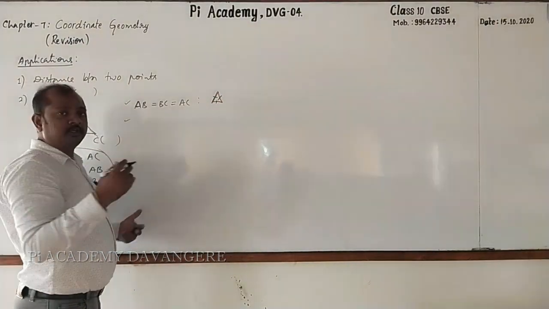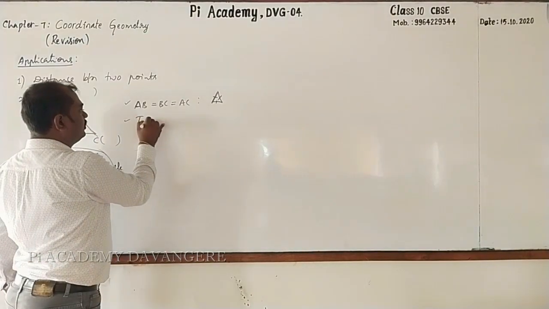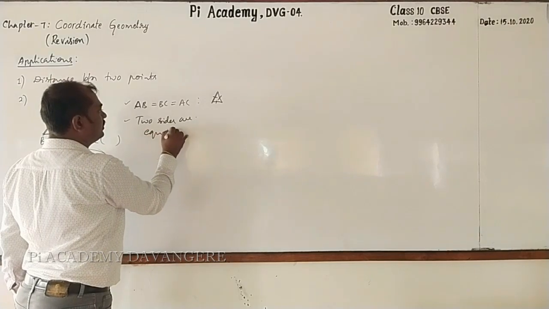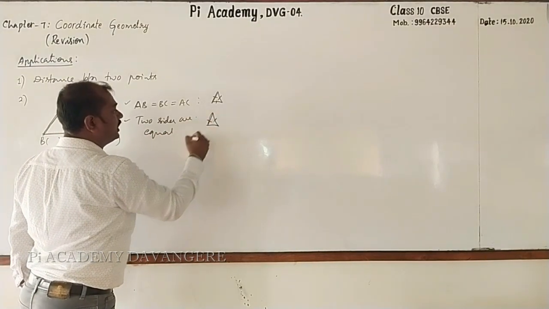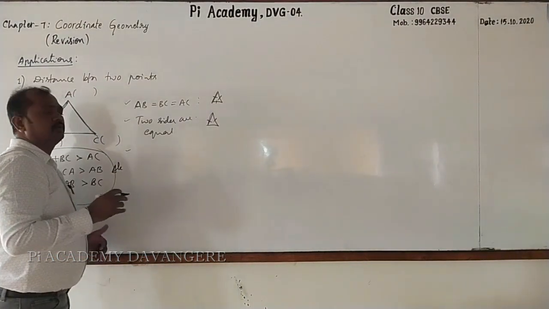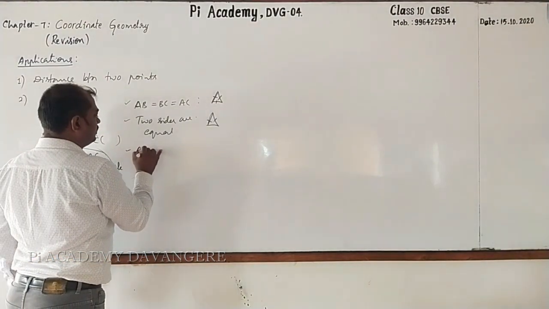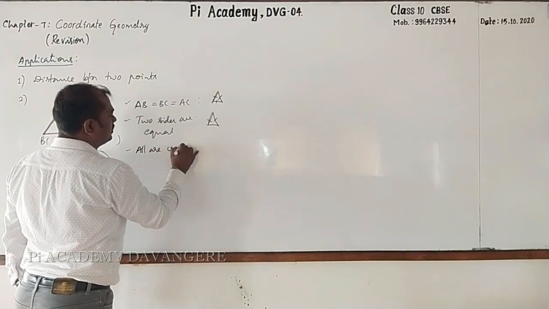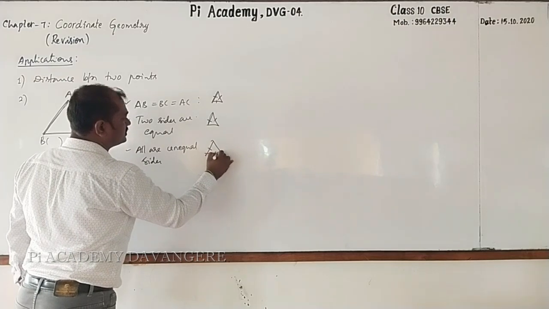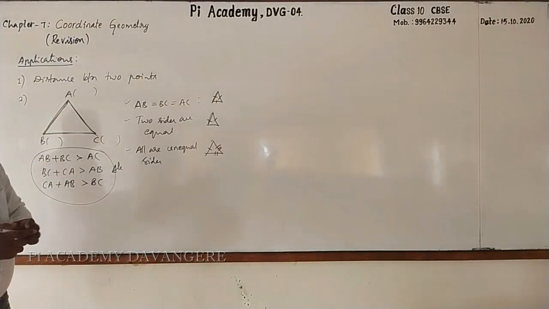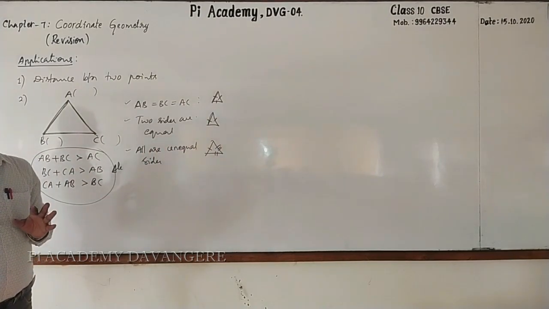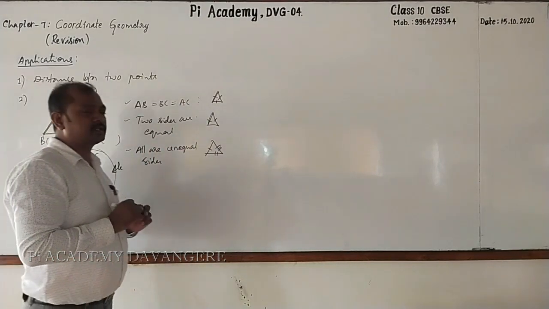If any 2 sides are equal, then what is it? Very good. It is an isosceles triangle. Right? And suppose all sides are unequal. Then you can say that the triangle is a scalene triangle. Followed? Okay. This is the second application.